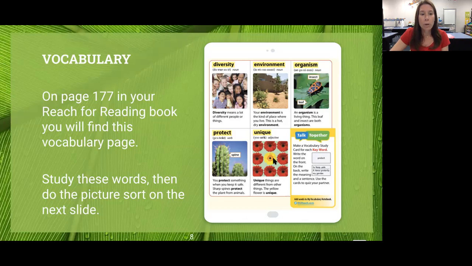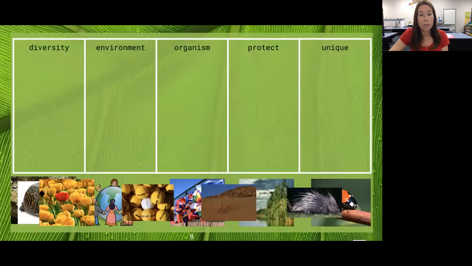Okay, so now your assignment is to do a picture sort. It's gonna be a little tricky because some things will belong in two different categories, but you really have to think about it. Let's try a couple together. Okay, well, let's look at this porcupine.